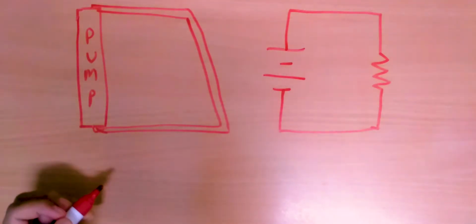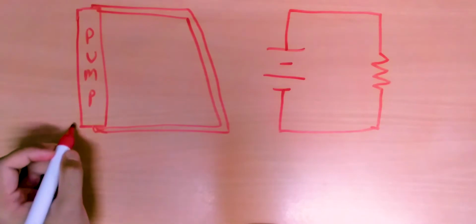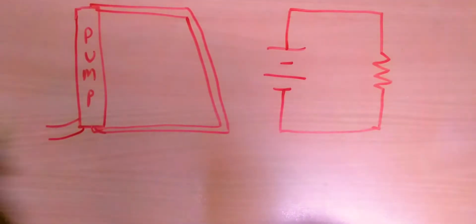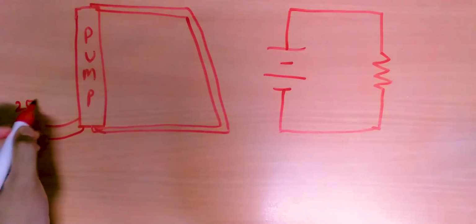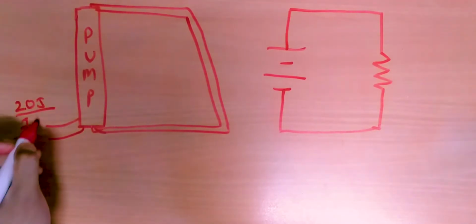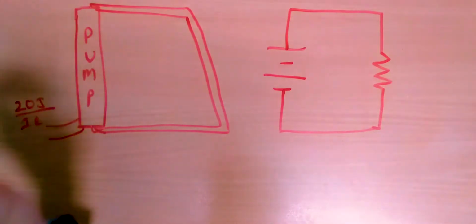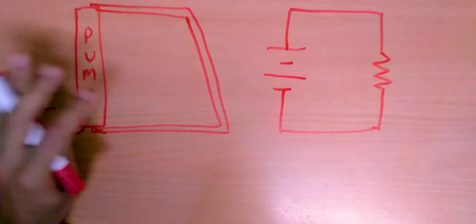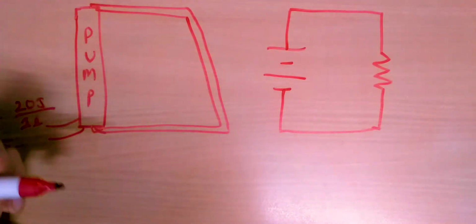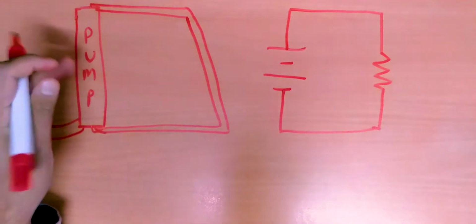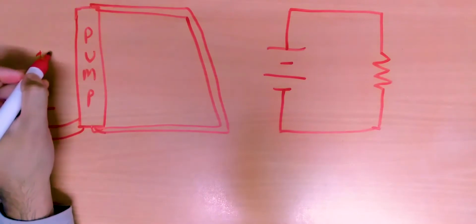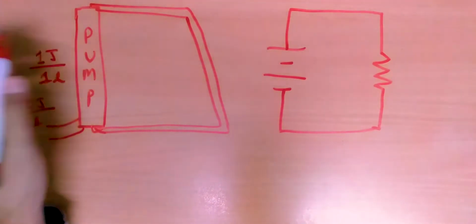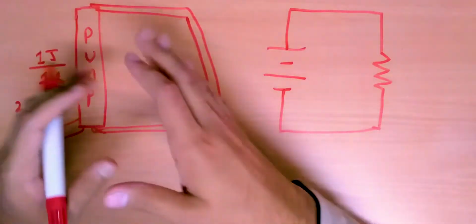And if we, let's say, supply this pump with some electrical energy, obviously we use electricity to power pumps, right? Let's say I am using 20 joules of energy for every 1 liter of water that I raise from this level to that level. During this process, because of all that internal resistance to the flow of water, the pump loses 1 joule of energy for every 1 liter of water being raised, and this 1 joule may be released as heat and sound.